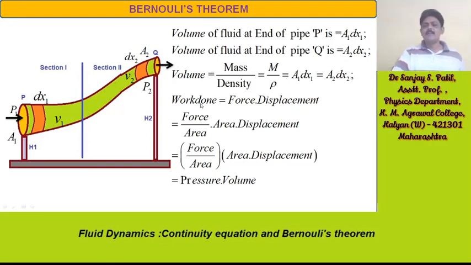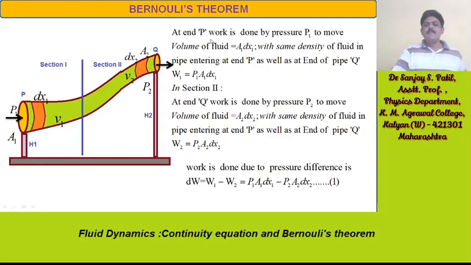We know work done is equal to force into displacement. We can also write this as force divided by area into displacement. Force divided by area is nothing but the pressure, and area into displacement is nothing but the volume.